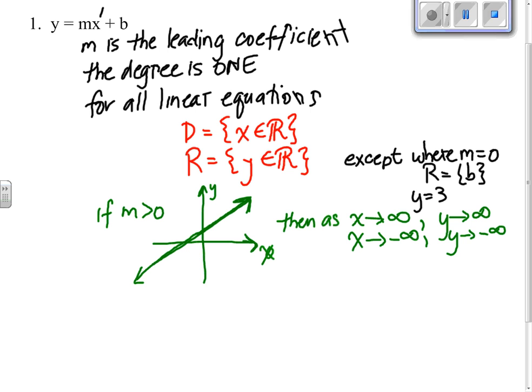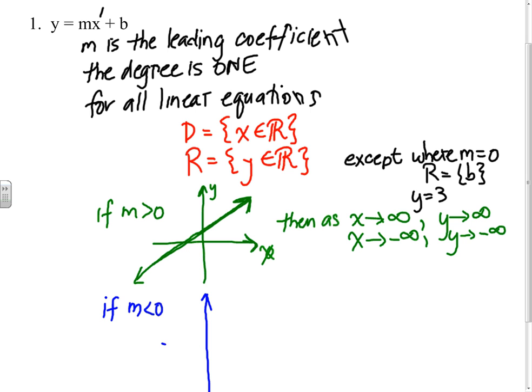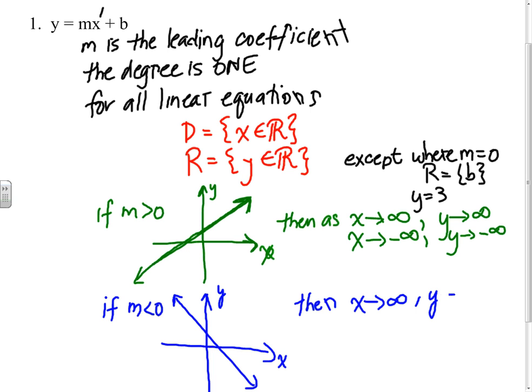If m is negative, we know what our line would look like. It would slope down to the right. So as our line progresses to the right, x goes to infinity, then our function goes down to the right. It will approach negative infinity.